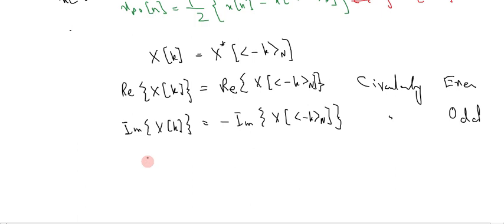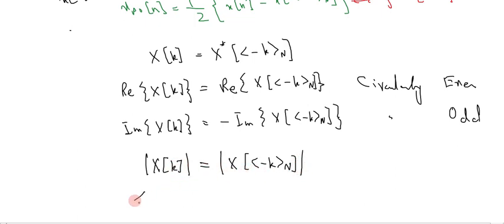Similarly, the magnitude response of your discrete Fourier transform is also circularly even, and the phase response of x of k will be circularly odd.